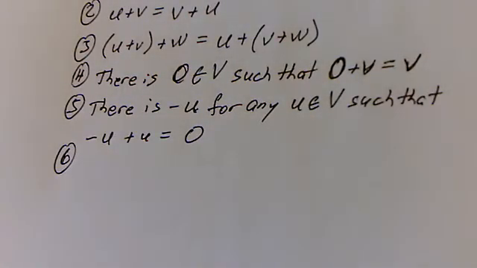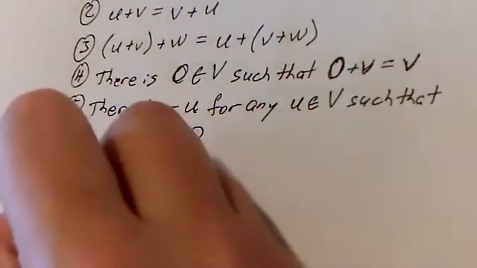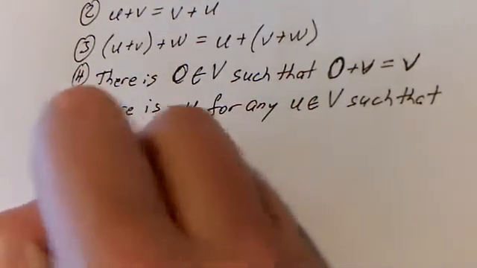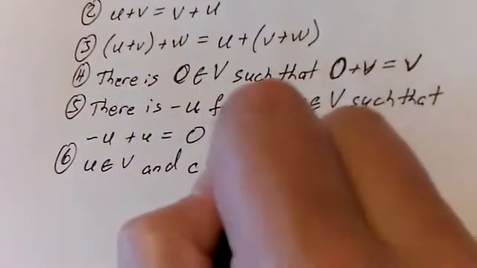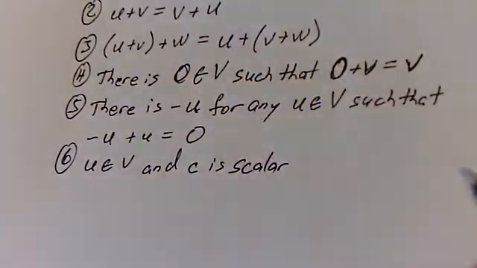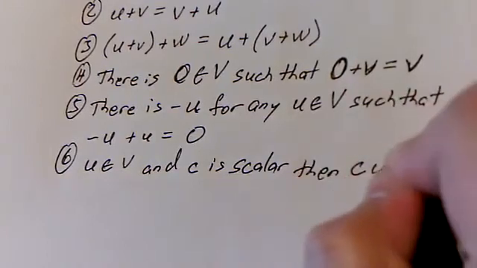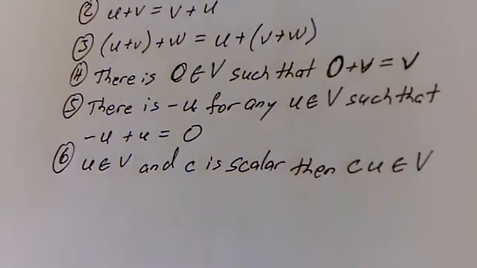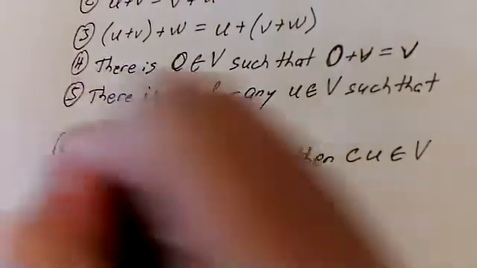Condition 6 is that if u is in V and c is a scalar, then cu is in V. So it's closed under scalar multiplication, something we're familiar with from our previous sections.